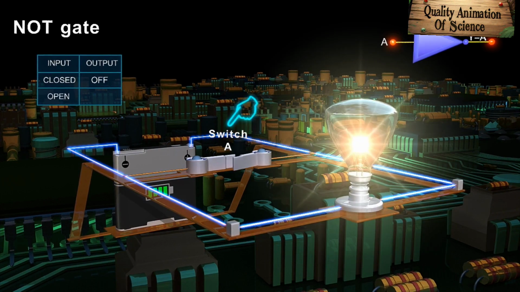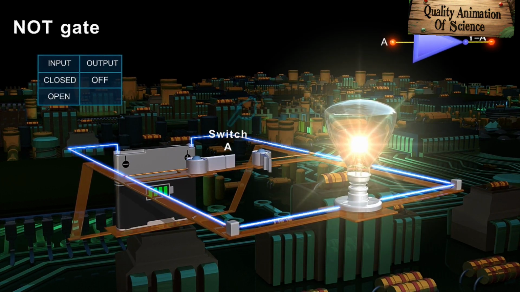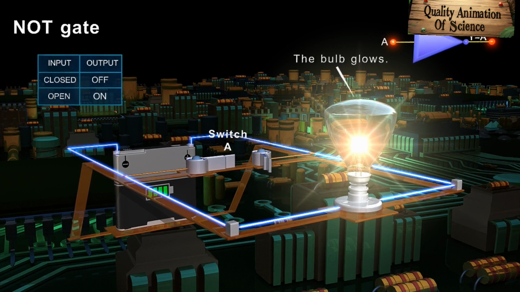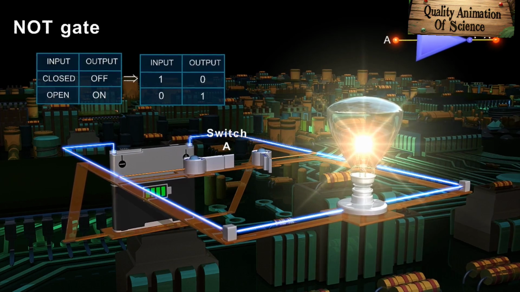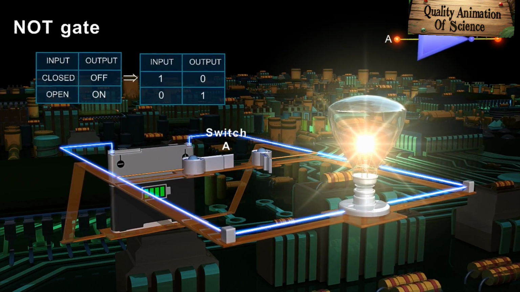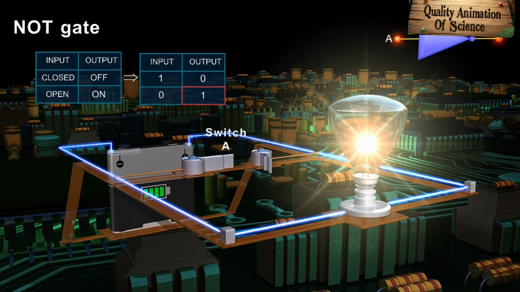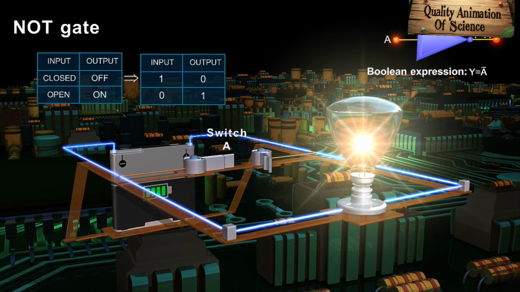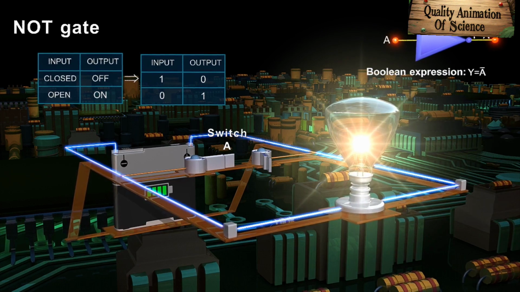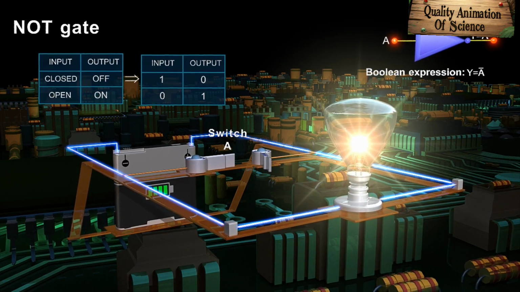When switch A is open, current flows through the bulb and it glows. NOT gate is also known as an inverter as it complements the input. Thus, an output 1 is obtained for an input 0 and vice versa. The Boolean expression of output Y is equal to NOT A.